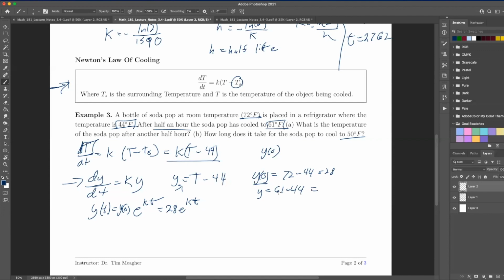And 61 minus 44 is 17. So here we have 17 is equal to 28 e to the k t, and here t is in hours, because that's just what we're using.